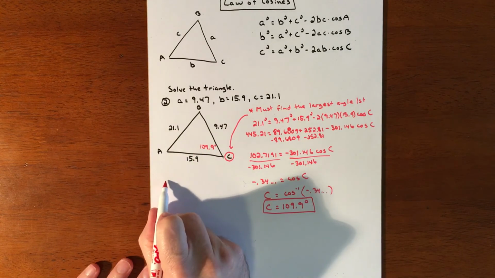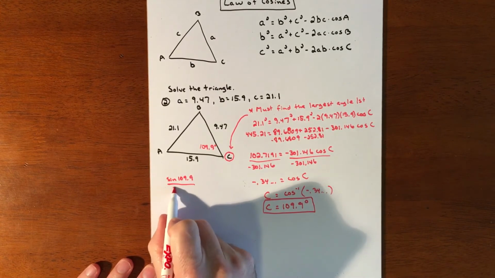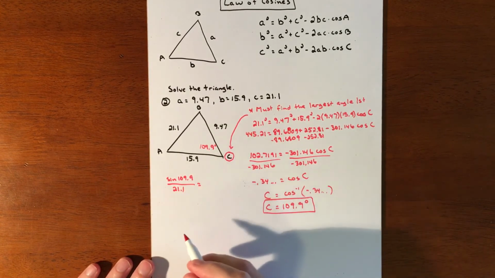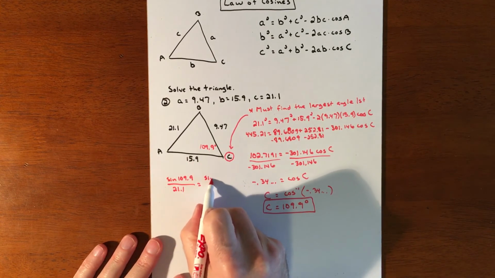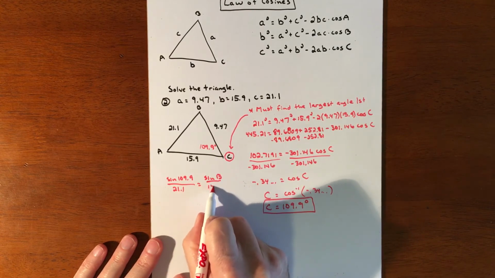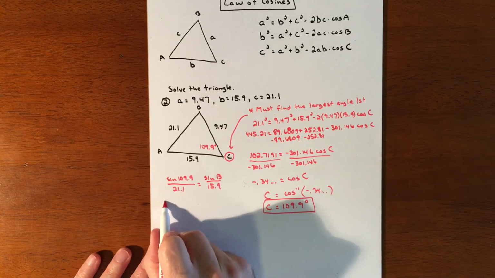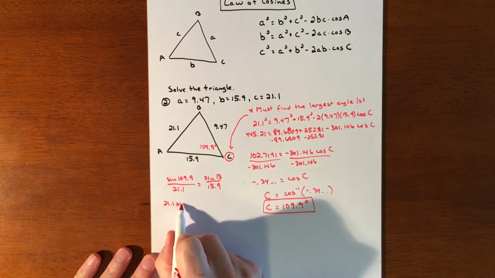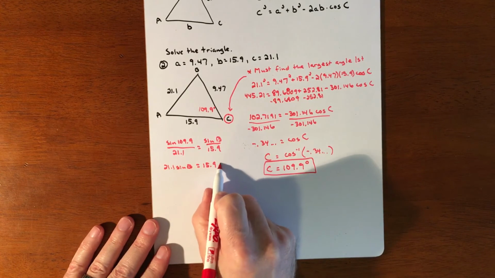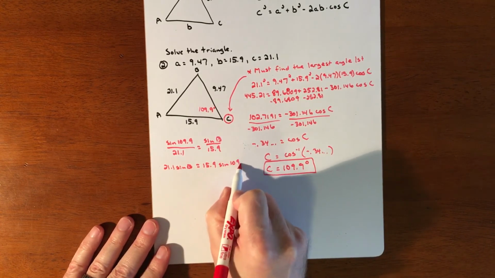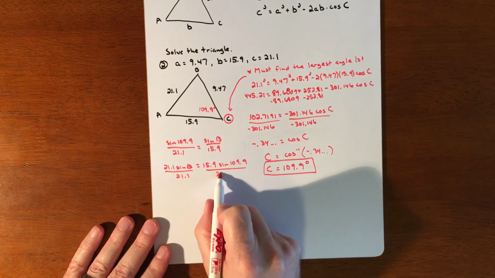So for law of sines, we'll do sine of 109.9 over 21.1 equals, let's say we do B, sine of B over 15.9, and then we cross multiply. So you're going to get 21.1 sine of B is going to equal 15.9 sine of 109.9, and then divide by your 21.1, and we're going to do the inverse sine.